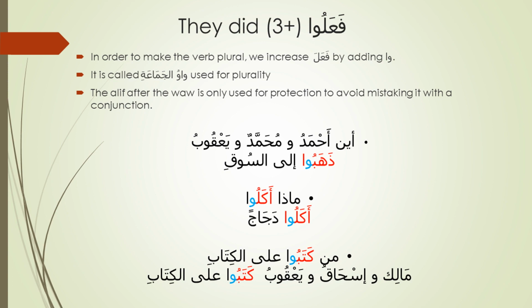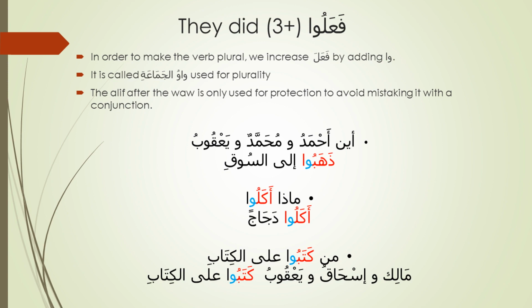So how do I say a group of people now ate? أكلوا. أكلوا دجاجا. Now look, we've done أكل دجاجا, he ate. أكلا دجاجا, 2 of them ate. Now it is أكلوا, a group of them ate. دجاجا, chicken. Okay, the last one, كتب.